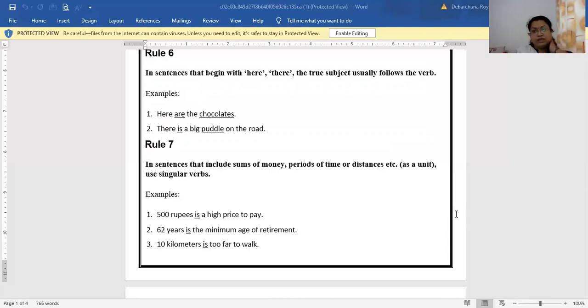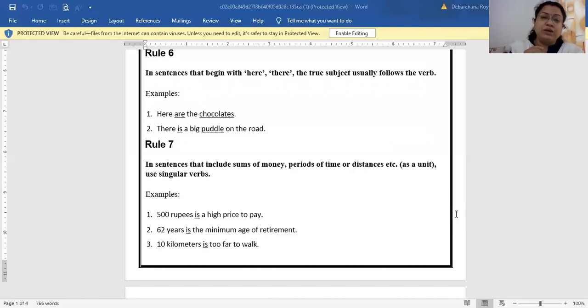They use singular verbs. Like 500 rupees is a high price to pay. 500 rupees is not plural, it's not 1 rupee, 2 rupee, 3 rupee. It's 500 rupees as a unit, and I am saying it as is. That means how it is working, you are now able to understand it very easily.